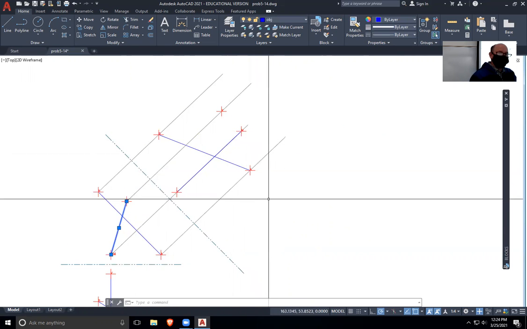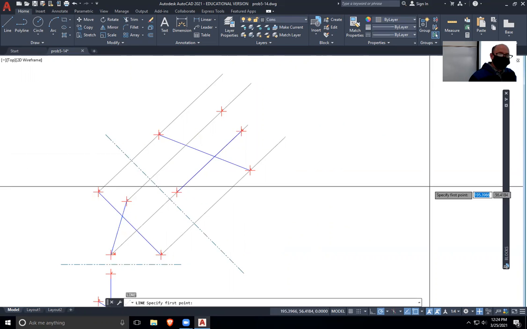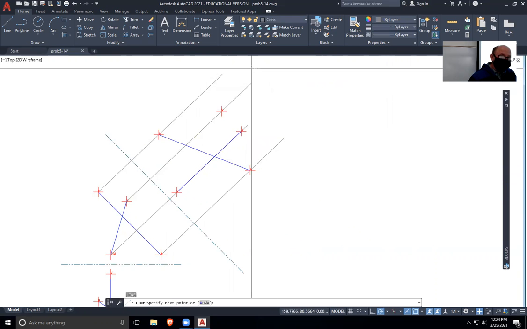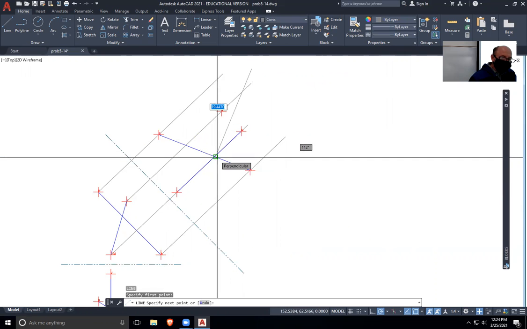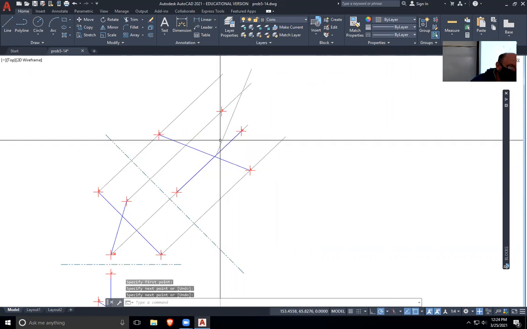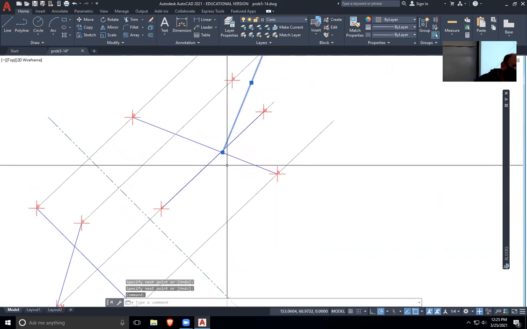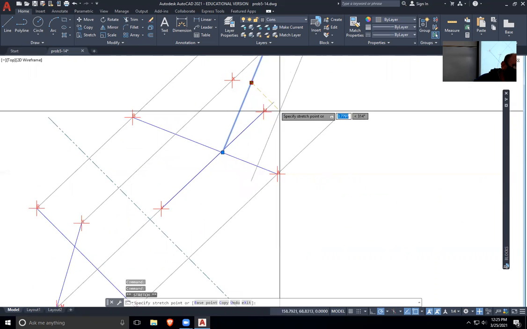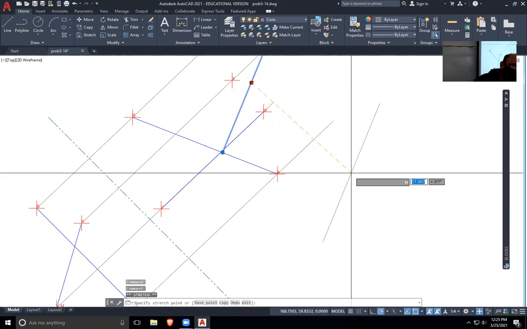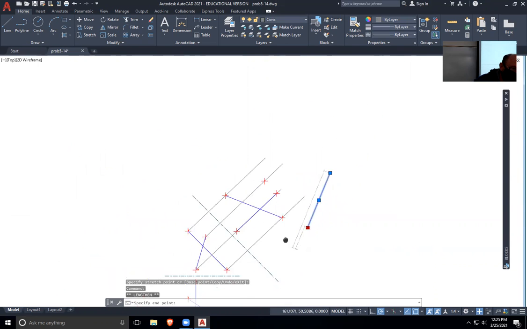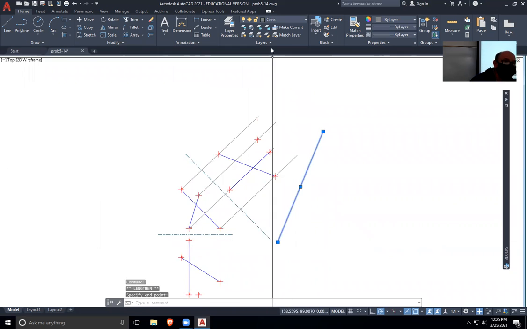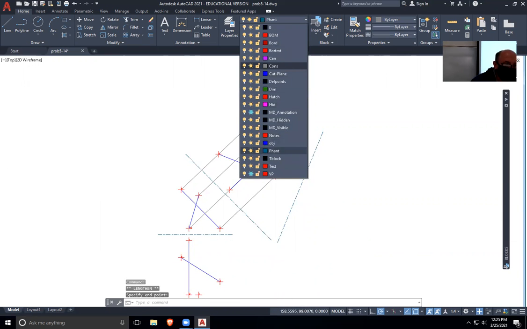So that's a matter of drawing a phantom line-ish and getting it. That was not a good choice, but there it is. Got it perpendicular to it anyway. And there's my projection. Lengthen it out here. Put it on the phantom layer.